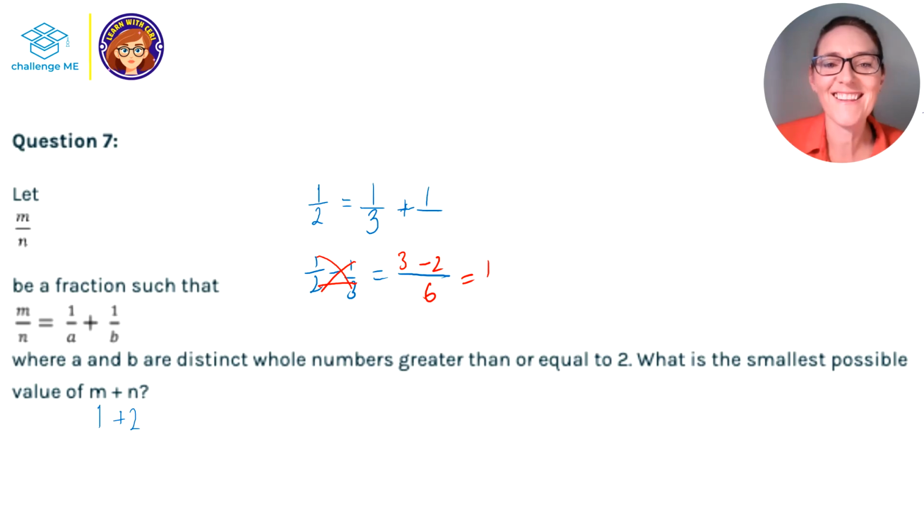Oh, that's good, because we've got 1/6. So a third plus a sixth gives you 3/6, which is a half. So it is possible, and so a half is a possible value. So the smallest possible value of m plus n is 1 plus 2, which is 3.